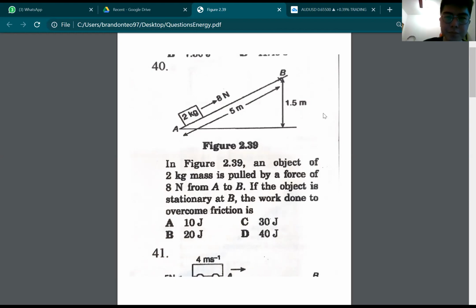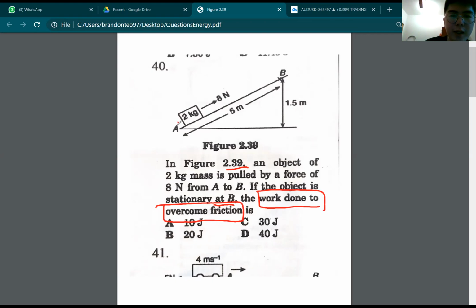In figure 2.39, an object of 2 kg mass is pulled by a force from A to B. So pull up. If the object is stationary at B, the work done to overcome friction is... work done to overcome friction. Now understand the concept.